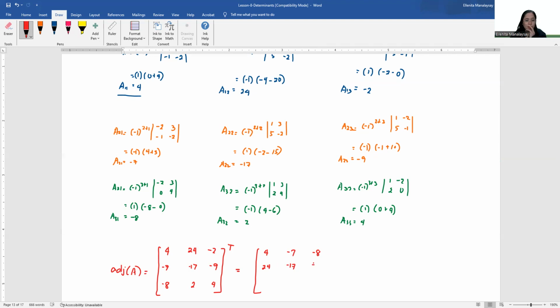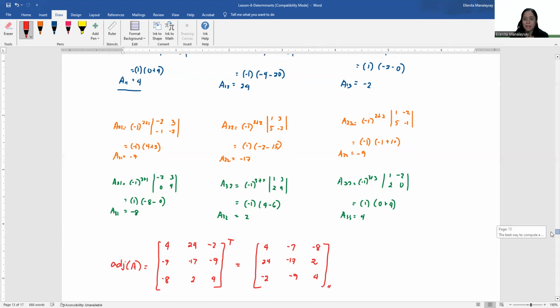And then that's 2, I think. This one is 2. Okay, I looked at the wrong one. So 24, -17, and 2. And then this one is -2. This is -9. And this is 4. So this is the adjoint of A.